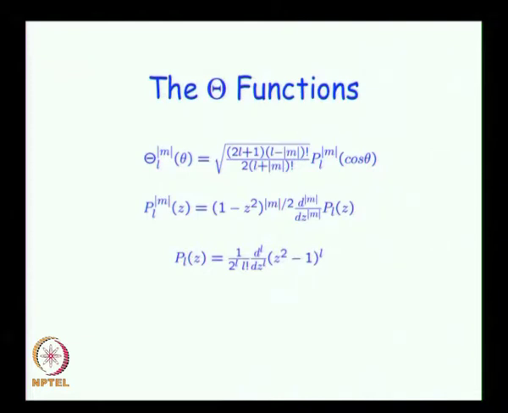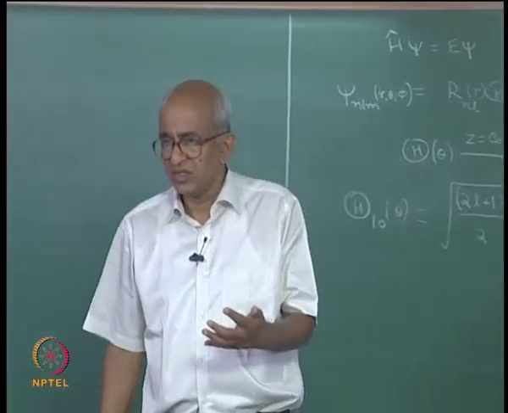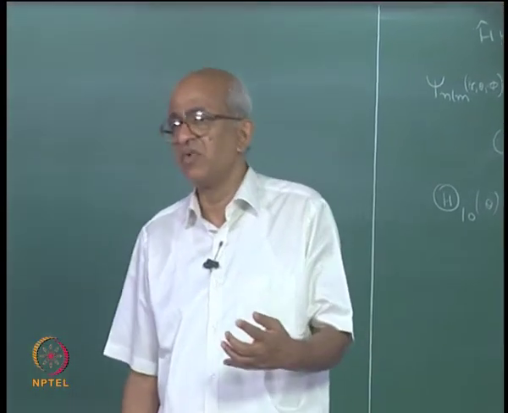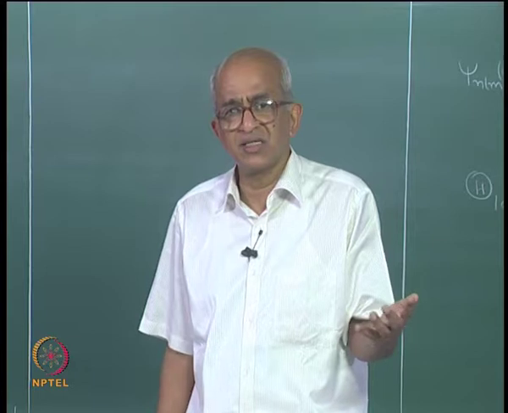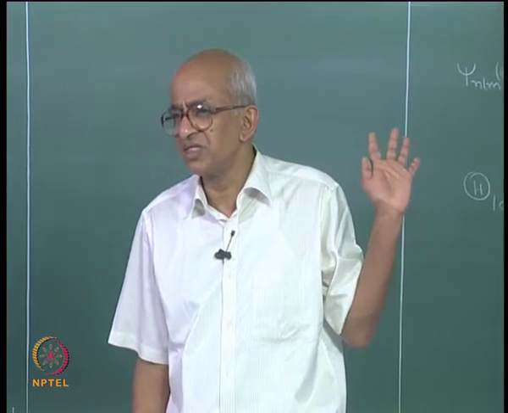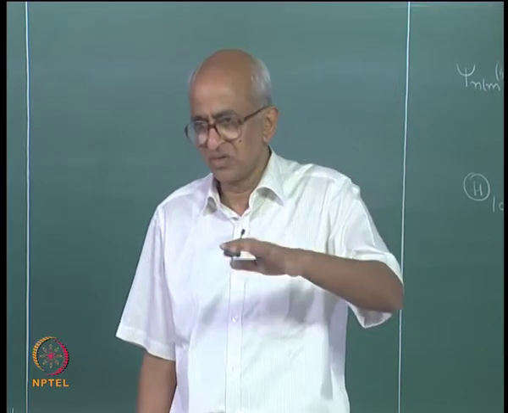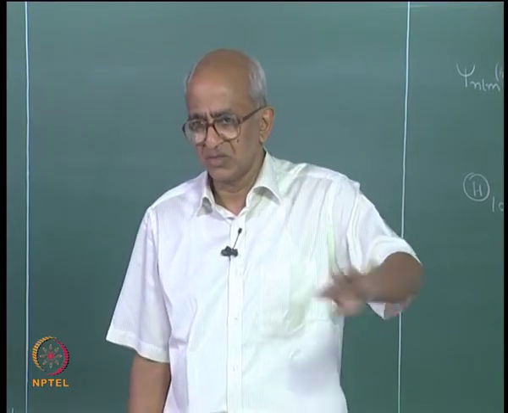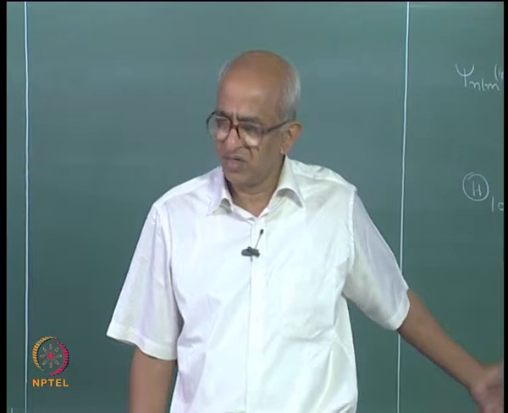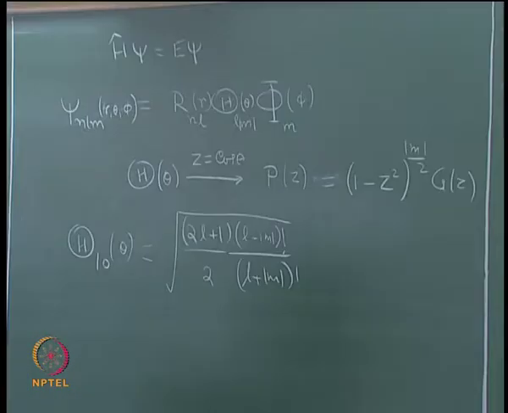You should recognize that this is nothing but a constant which multiplies the function. Why do you have such a constant? The answer is extremely simple. This is the normalization factor. Any wave function would be multiplied by certain things so as to ensure normalization. So, the normalization factors for these functions have been calculated, and it is just that.